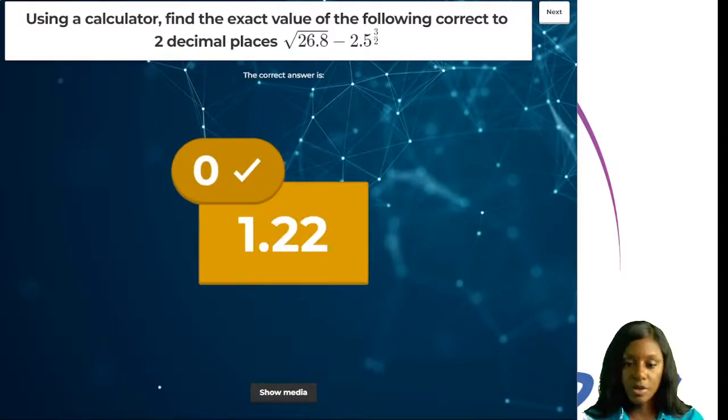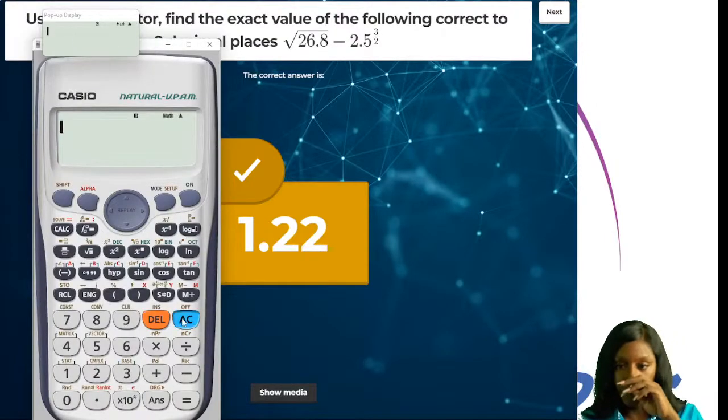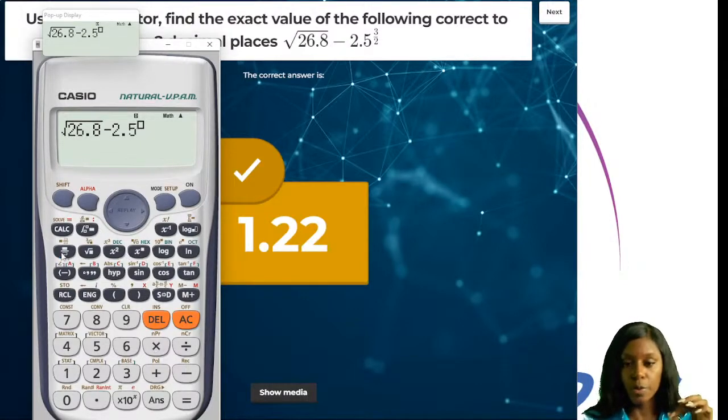Okay, so nobody got this correct. So let's see here. The question says the square root, so use your square root sign, of 26.8, minus 2.5, and it says raised to the power of 3 on 2. So you want to put in your fraction symbol right here.